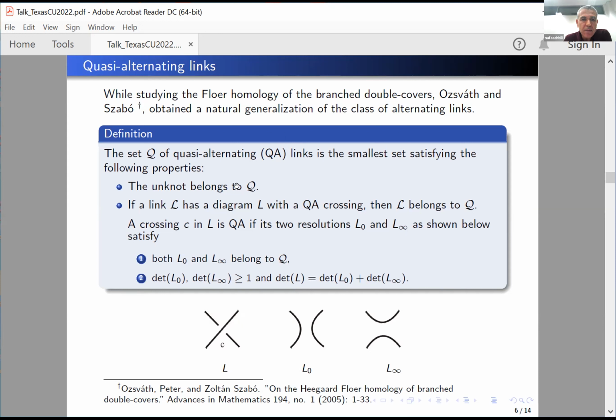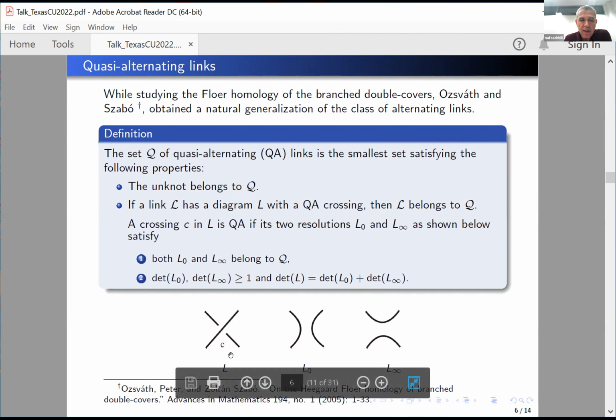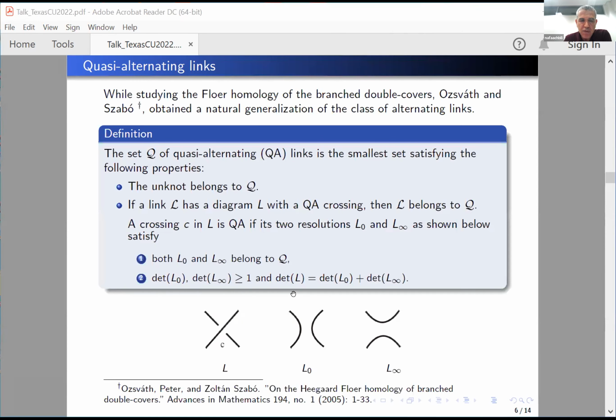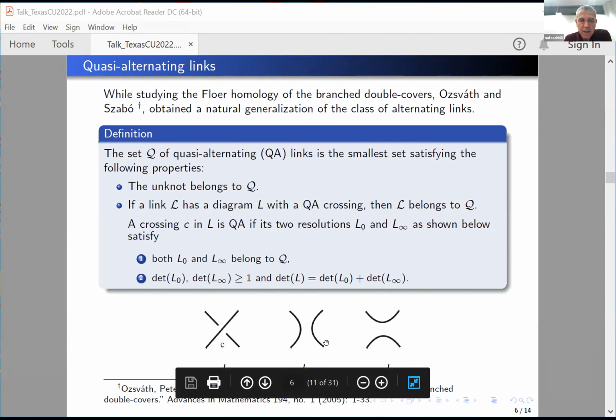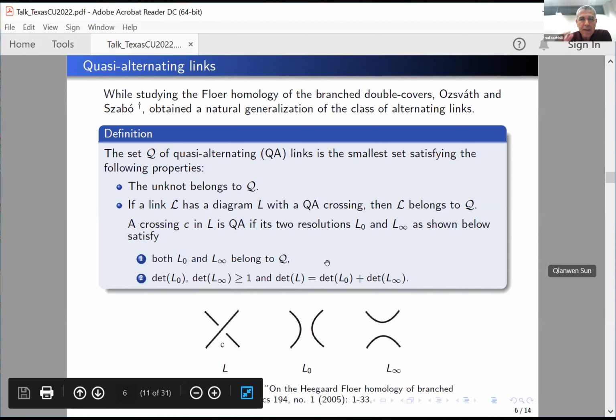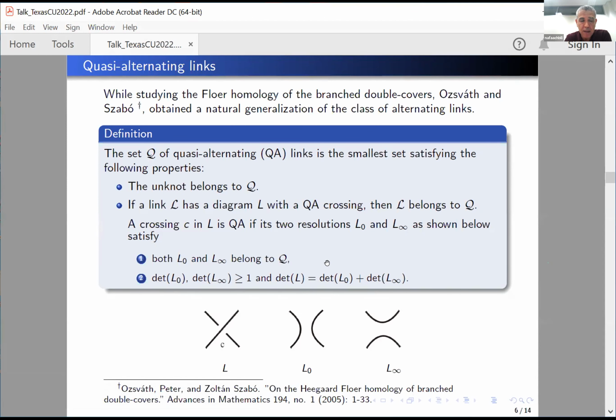The unknot is quasi-alternating; it belongs to Q. And now if I have a link L with a diagram, at one crossing I smooth this crossing in the Kauffman bracket smoothing, giving L_0 and L_infinity, and both L_0 and L_infinity are quasi-alternating.